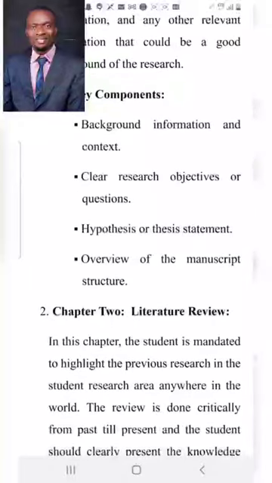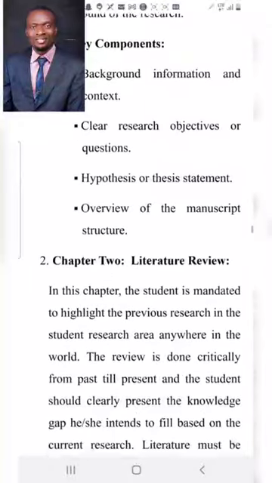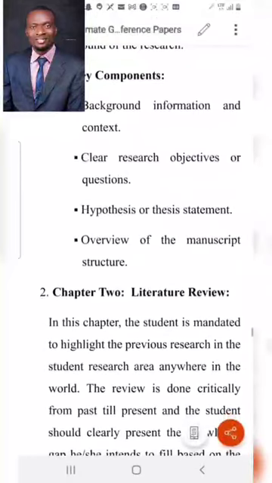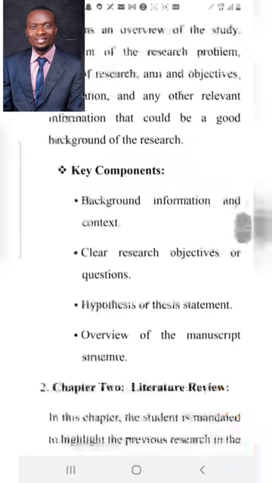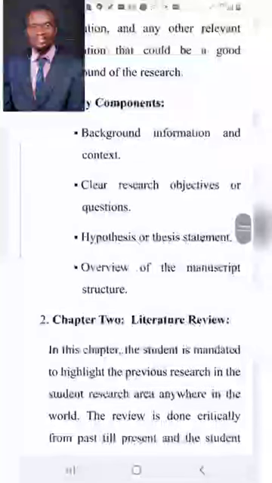It has the following components: the background, the clear research objectives, the hypothesis, the overview of the manuscripts, and all. And you have to also add references to some of these chapters, particularly the background, so that we get to know the sources of your evidence.